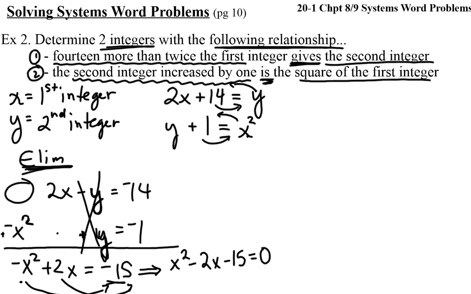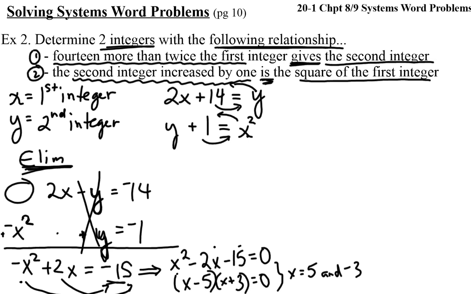And that'll be equal to 0 because everything has been moved to one side. So at that point, nice to factor this, multiply to negative 15, add to negative 2: x minus 5, x plus 3 equals 0. So this would tell us that x is 5 and negative 3.